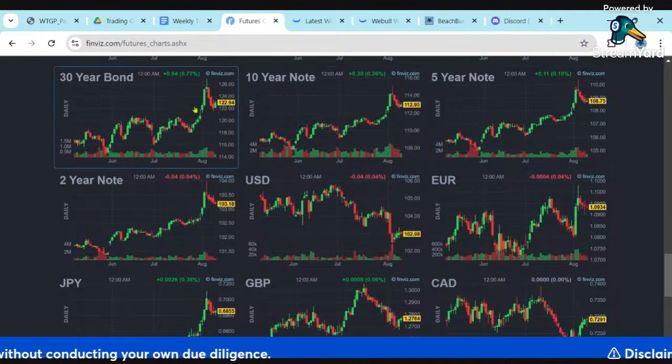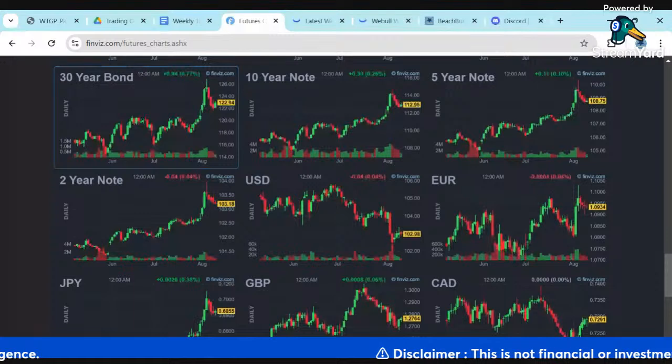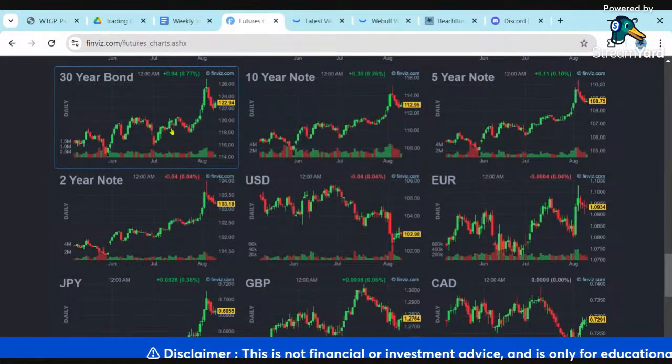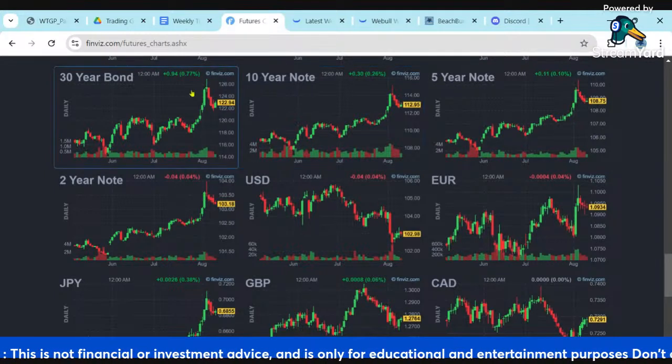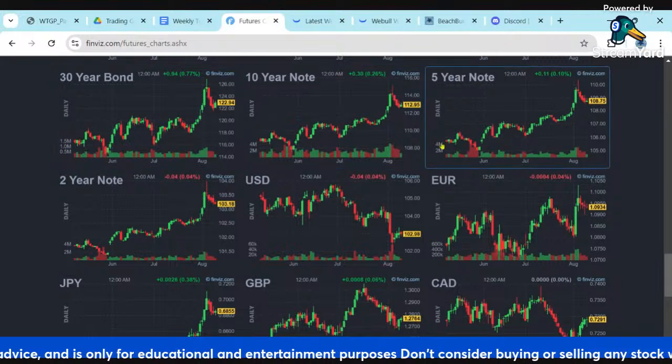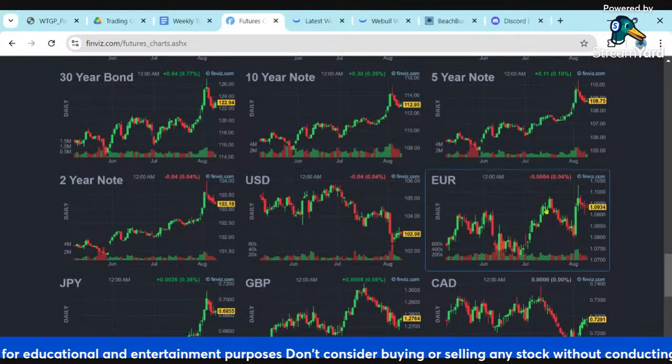So again, they retraced back to where they kind of started the previous run, a 3-day run or so. And then it looks like they're bouncing now back up. So again, we've got ETFs in our ETF Google sheet. You can also trade this short-term bond volatility as well for different time frames.